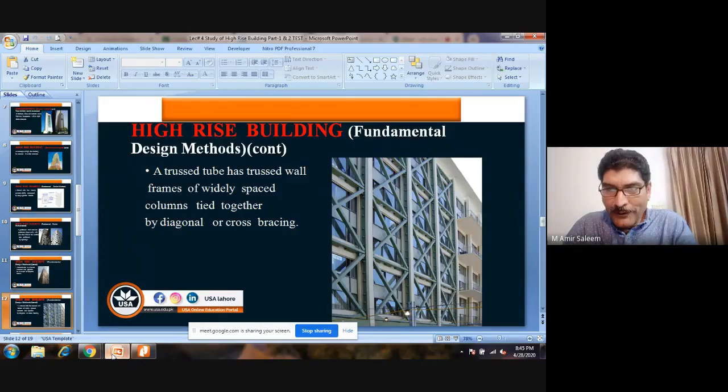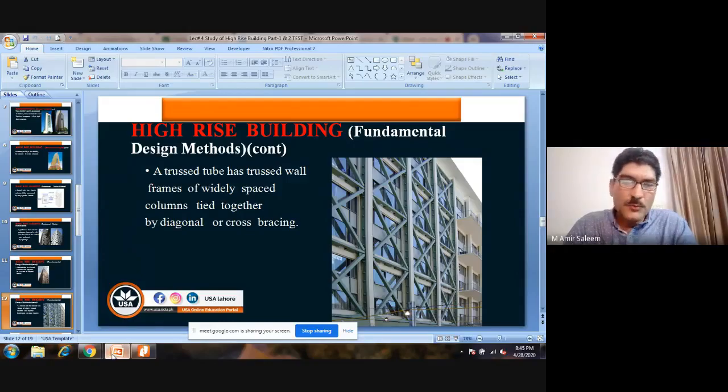So if in a high-rise building we require fewer columns in a wide spanning system, we use the truss tube system. Again, diagonal cross braces are attached to the main core of the tube, and the lateral movements are kept in a stable position.